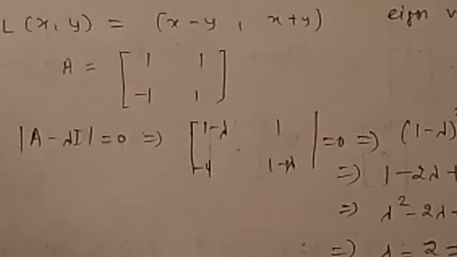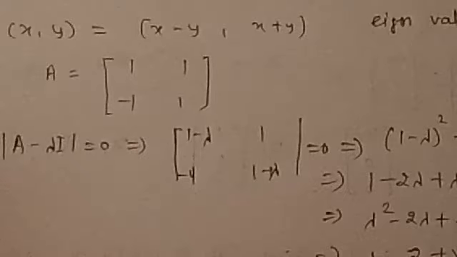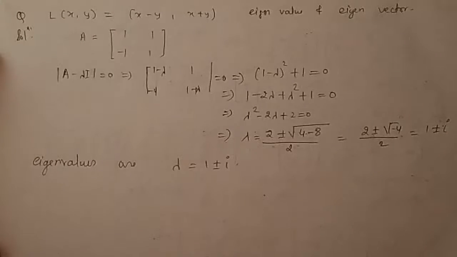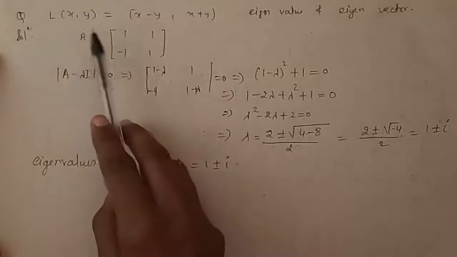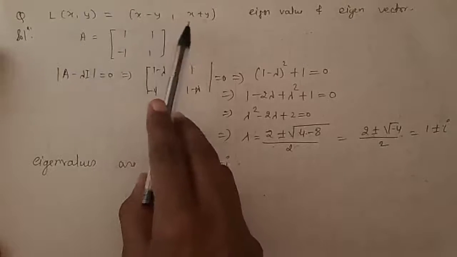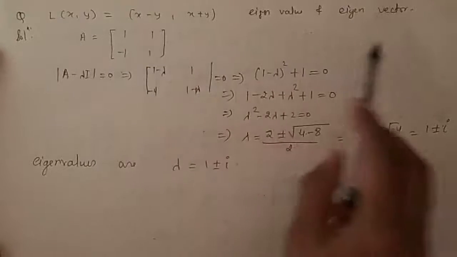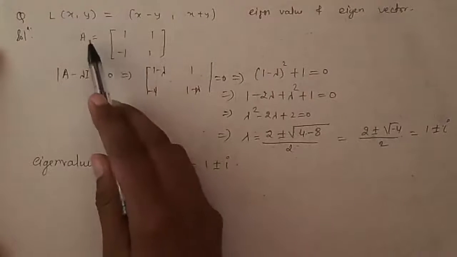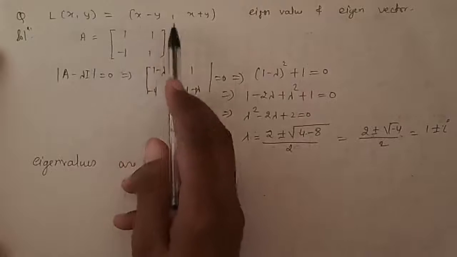So we have eigenvalues as lambda is equal to 1 plus and minus i. So we have L of (x, y) equal to (x minus y, x plus y). Then we have to calculate eigenvalue and eigenvector for this. So we have matrix A as 1 minus 1, 1 1.